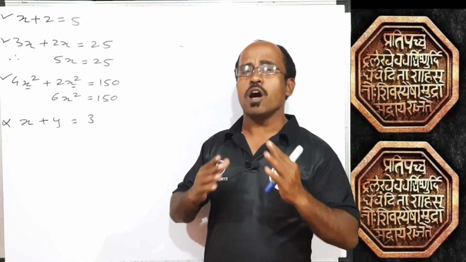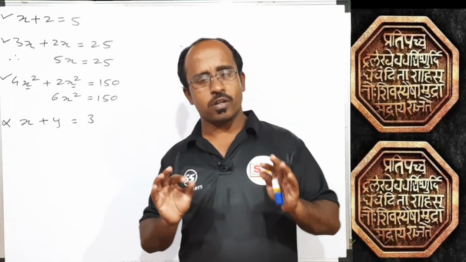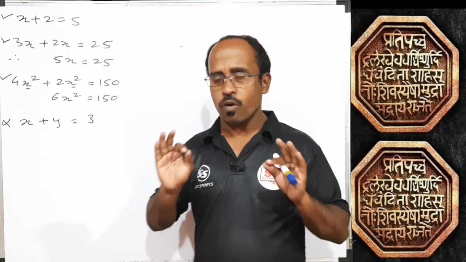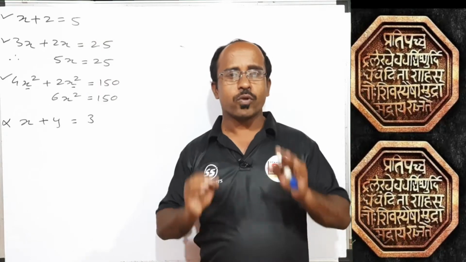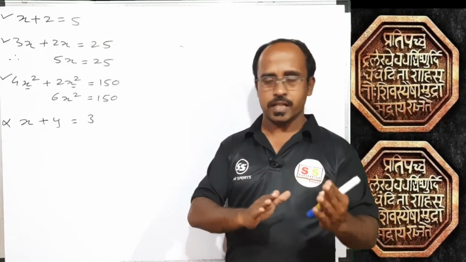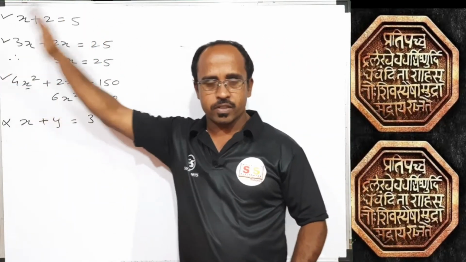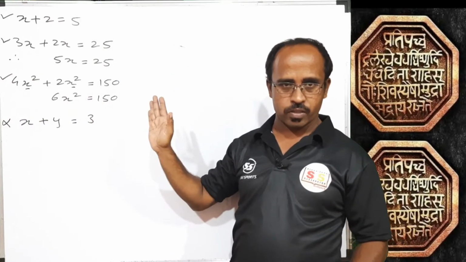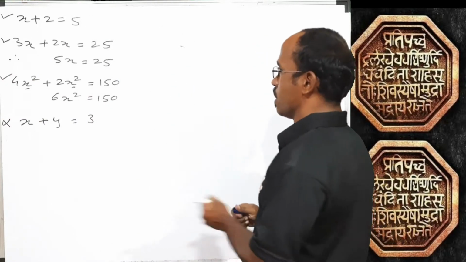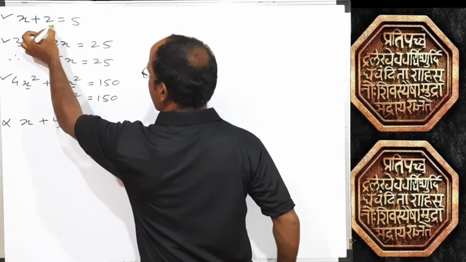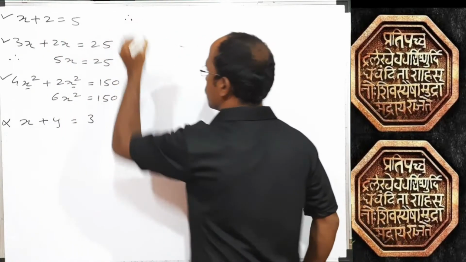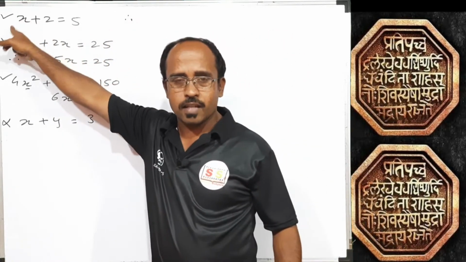Okay? And let us see how to solve it. The most important and very basic idea is, whatever the equation is, we have to keep the variable alone on one side, either the left hand side of the equation or the right hand side. What do you mean by keeping the variable alone? On the left hand side, how many things are there? x and plus 2.